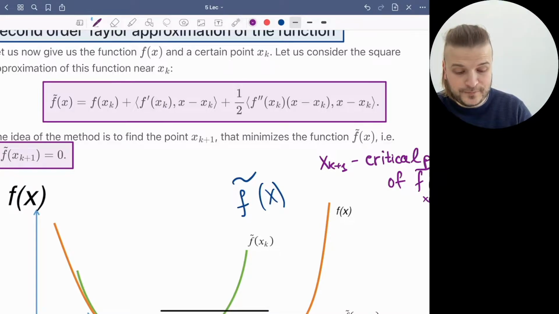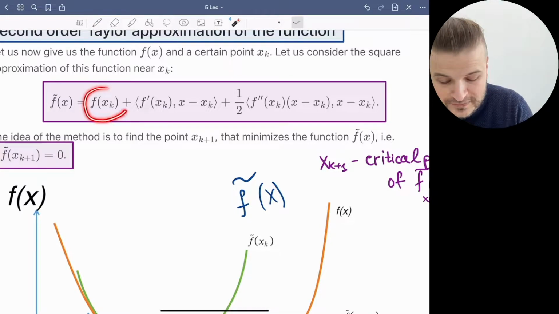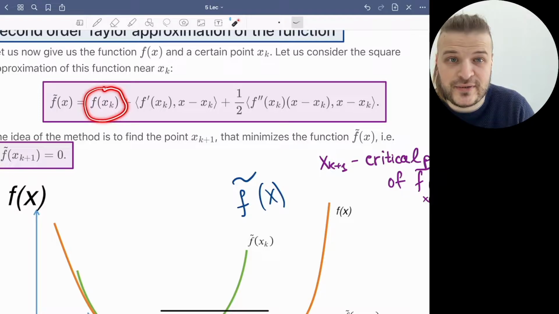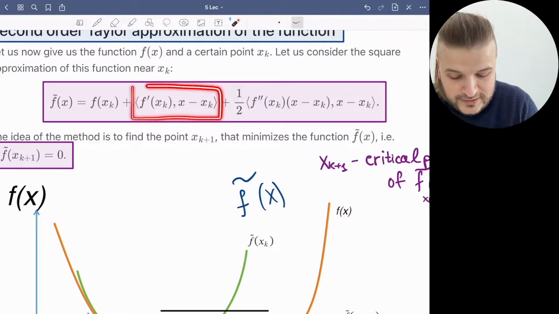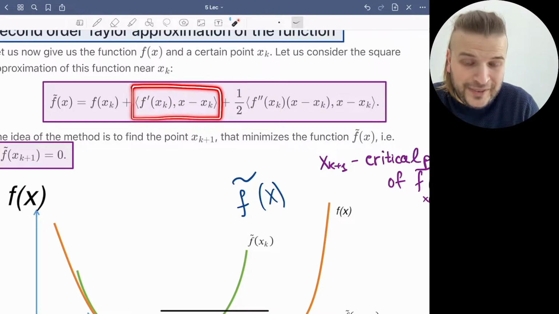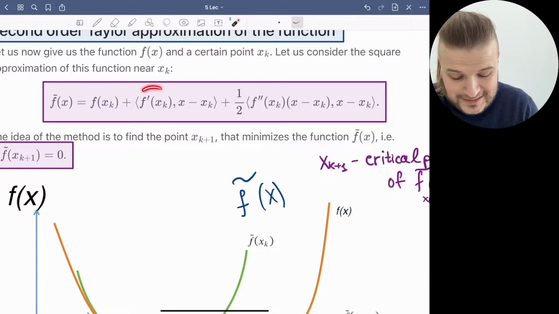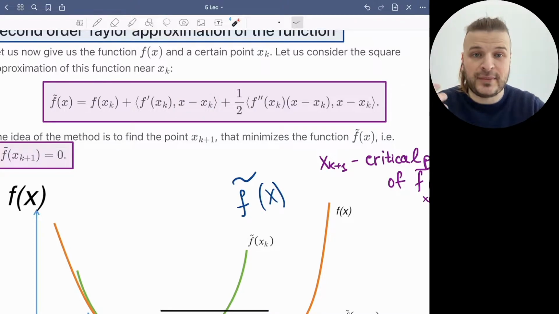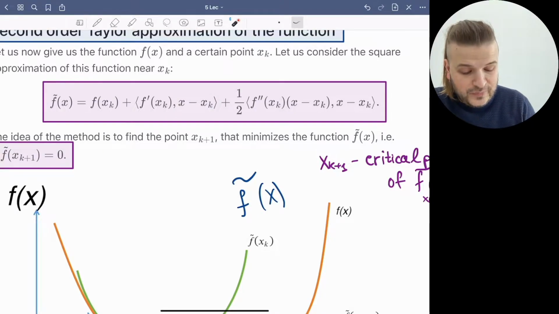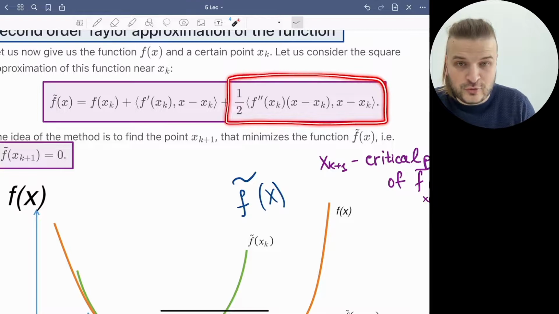That's it. Let's take a derivative of our function with respect to x. And note that this term doesn't depend on x, which means that it will go to 0, right? And this term is actually a linear term in x. We have just some multiplier here, and here is the linear dependent term. And this term is a quadratic term.